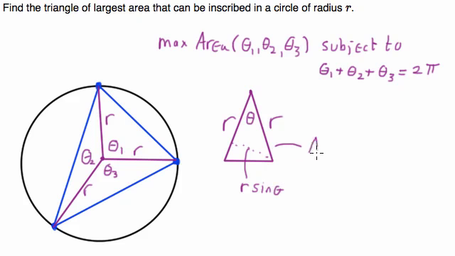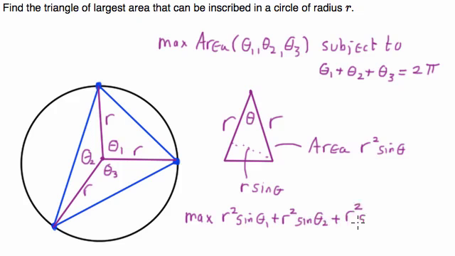So then this triangle has area 1/2 r squared sine theta. So now we can easily express area in terms of theta 1, theta 2, and theta 3. So we can write the problem as maximization of 1/2 r squared sine theta 1 plus 1/2 r squared sine theta 2 plus 1/2 r squared sine theta 3, subject to the sum of the angles being 2 pi.